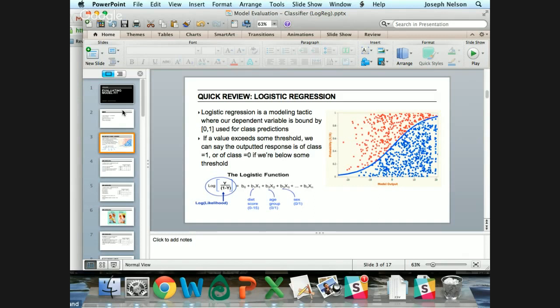So if we have some model, the output for that model based on some independent features that we give it will be something like, we'll say, 0.3, bound by 0 and 1.